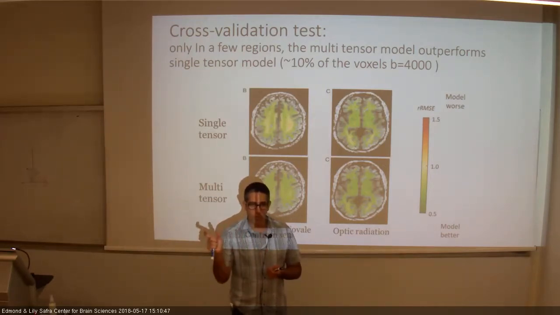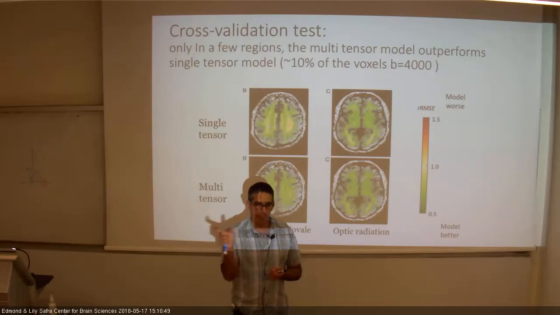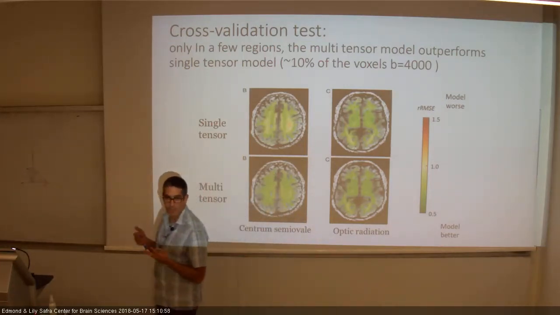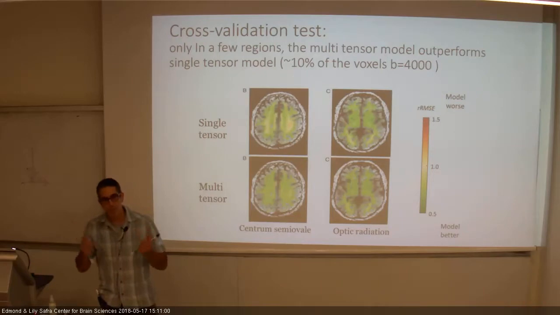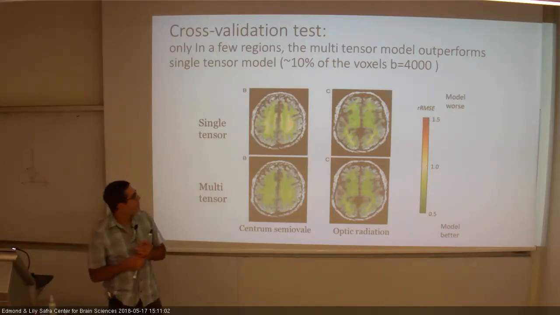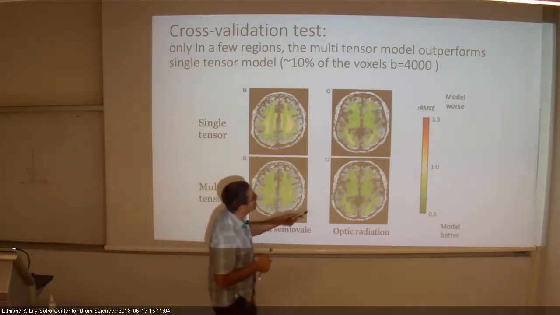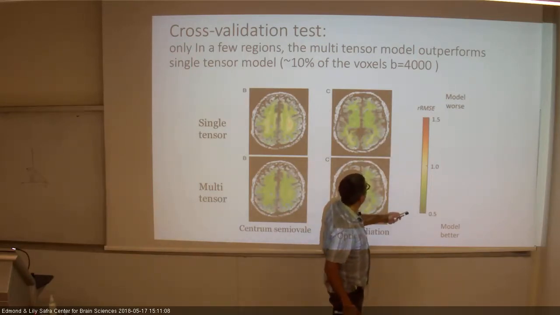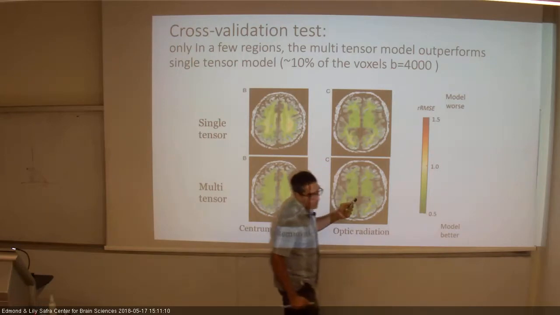Data 1 to data 2 is essentially what you have in the data, and if you have a model on data 1, that should be a better prediction of data 2. So you can ask when it's actually useful to move from the tensor to these more advanced models. So we want this relative root mean square, what I just described, to be above 1 to be meaningful.